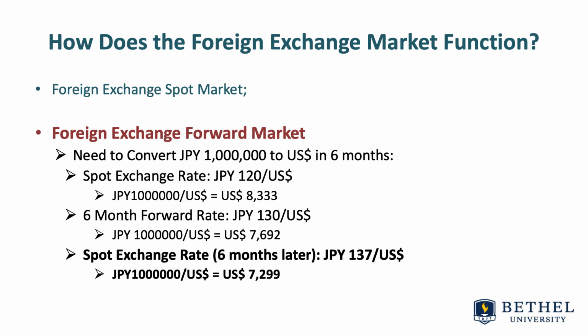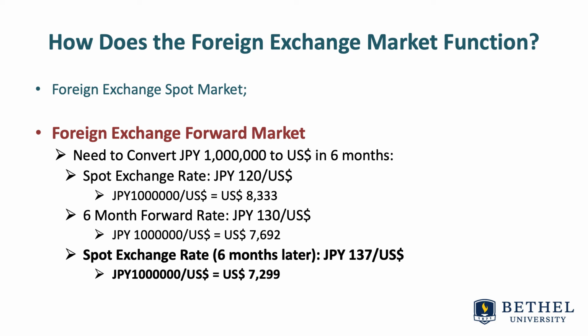As we stated, there could have been a decision to execute a forward foreign exchange contract by selling 1 million Japanese yen for $7,692, which would have been received on a specified date 6 months into the future.